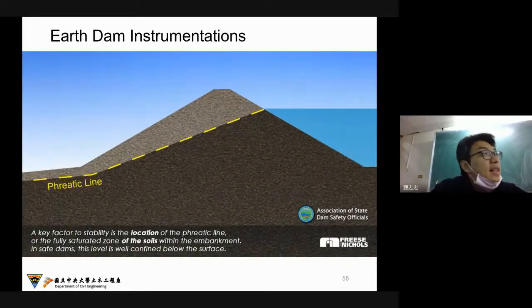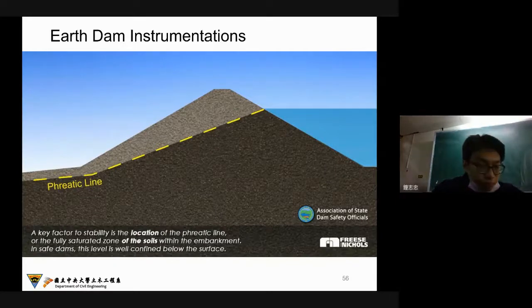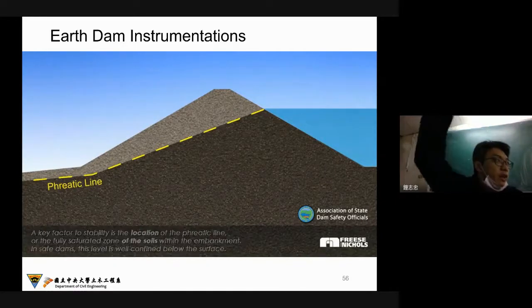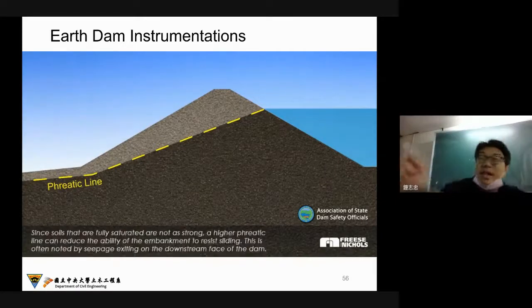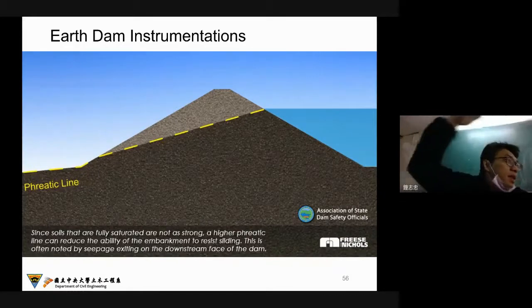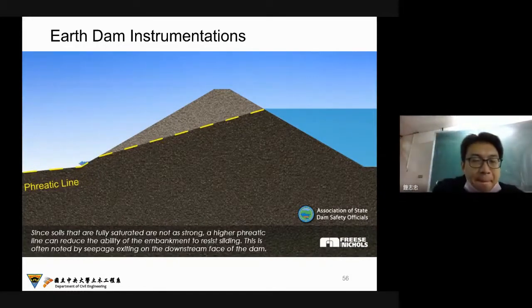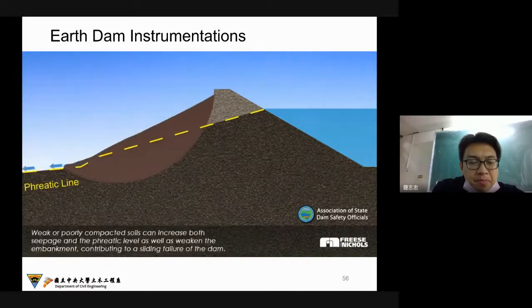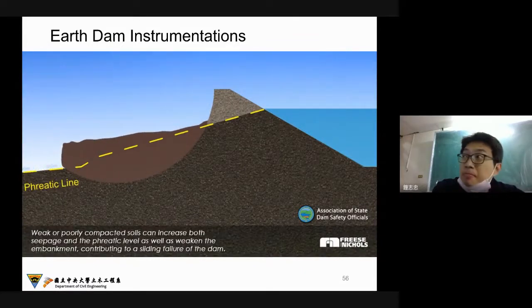I think last time I already showed that we will have an underground level here, the yellow line. This is the water passing underground. This is often noted by seepage exiting on the downstream face of the dam. Weak or poorly compacted soils can increase both seepage and the phreatic level, as well as weaken the embankment, contributing to a sliding failure of the dam.